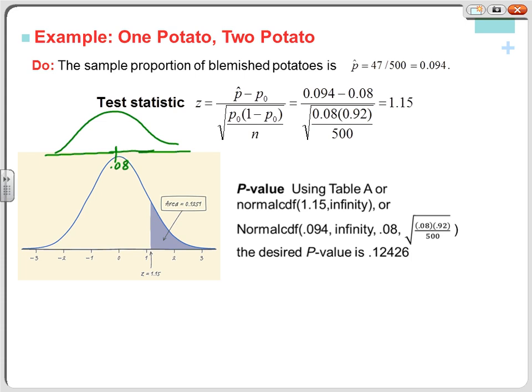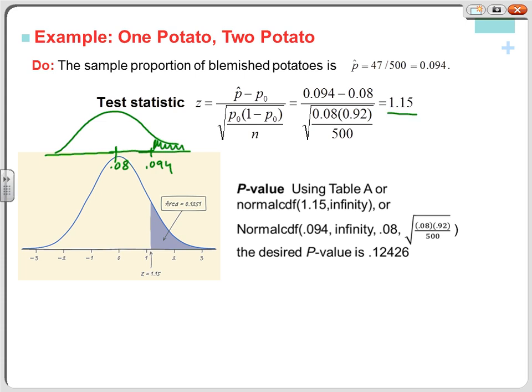So that's 0.094. So we are looking for that area. All right, so both of those would be great. So we could do a normal CDF using the z-scores, or you could go and look at the table A, what that z-value in the table represents.